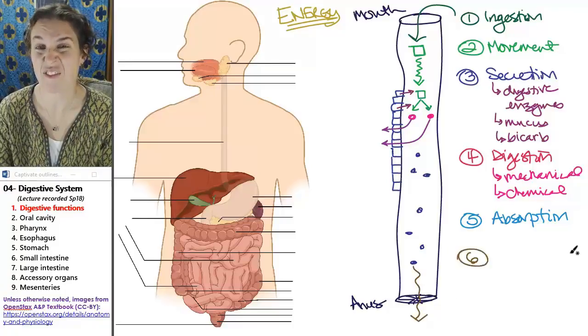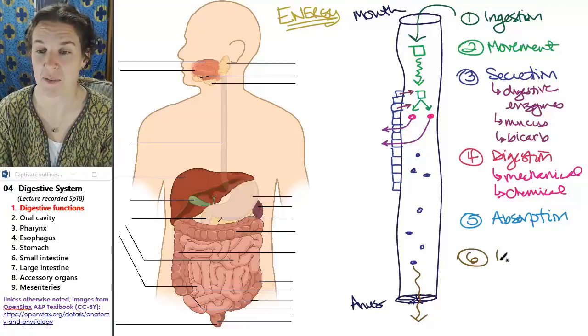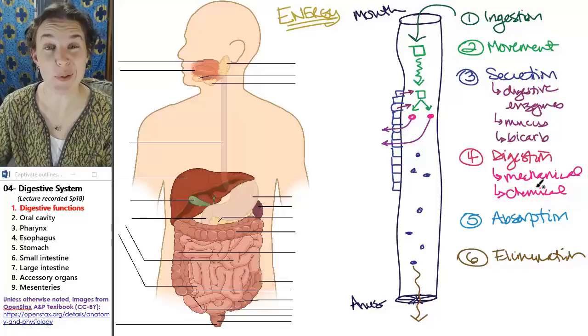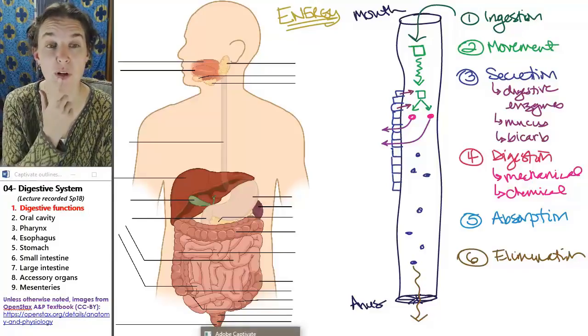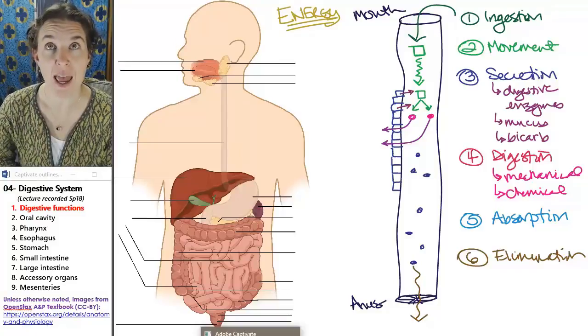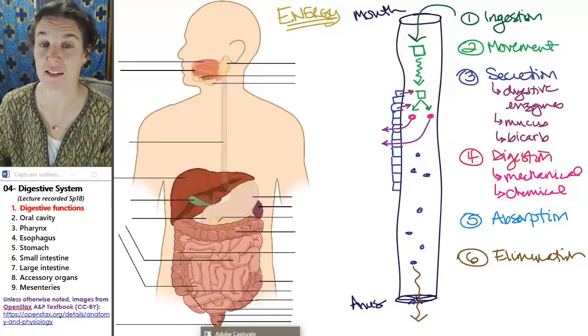And that's the final task of the digestive system, elimination. And those are all the things that the digestive system will do. We're going to look closer at each part of the digestive system and see how those structures enable these functions.